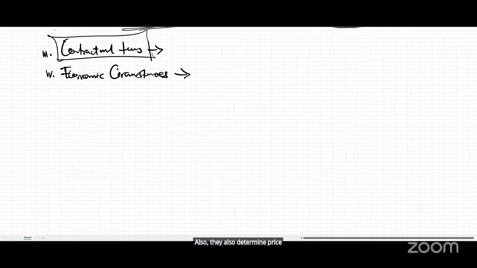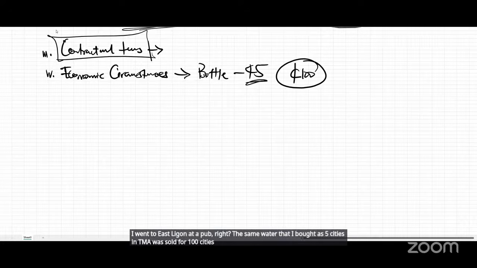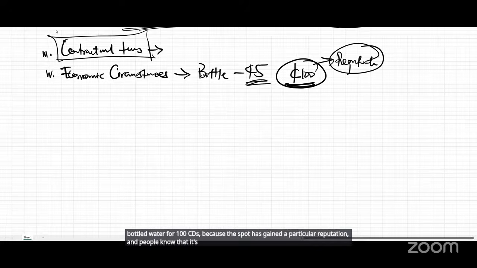Now, I bought bottled water at Tema for 5 cedis. I went to East Legon at a pub, right? The same water that I bought for 5 cedis in Tema was sold for 100 cedis. I had no option but to buy the same 5 cedi bottled water for 100 cedis because the spot has gained a particular reputation and people know that it's the big boys who go there. Do you understand?